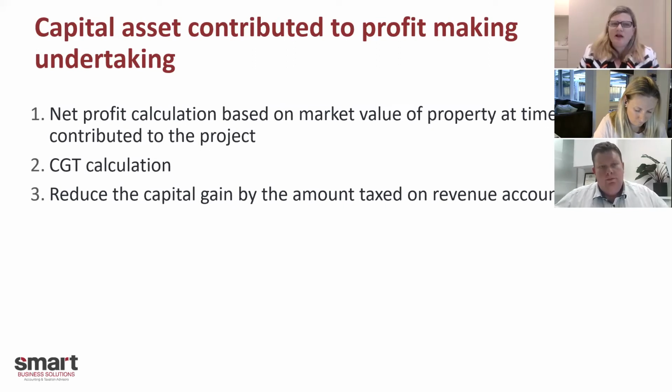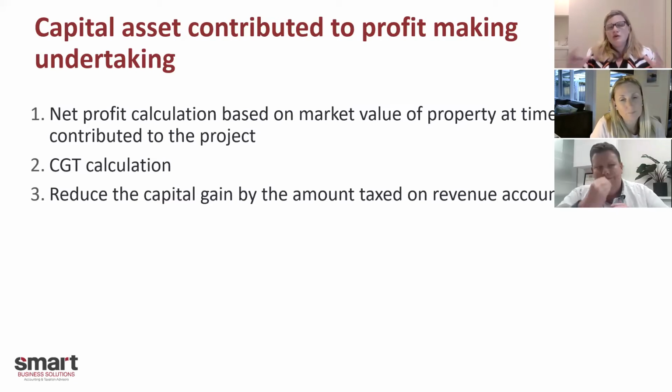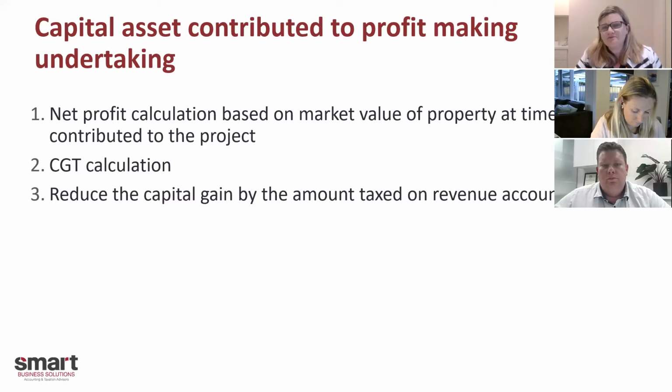Because we've got a capital asset, but you've now become, in a sense, a bit on a revenue account, a profit-making undertaking. When we're looking at that calculation, and this is simplifying it as much as possible, to highlight the different aspects between capital account and revenue account, you're looking at the net profit calculation based on the market value of the property at the time that it was contributed to the project.